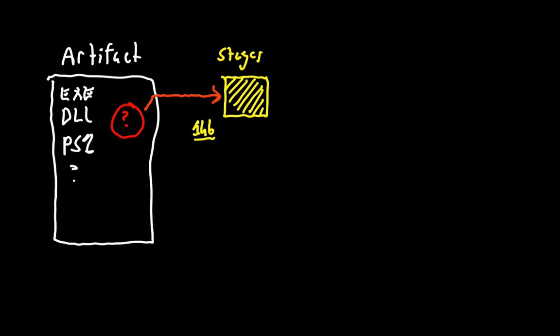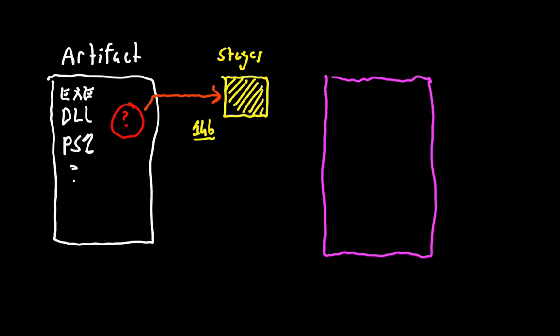And what a stager does is, in turn, reach out to the internet and download a payload stage. And this is the actual beacon DLL. So it downloads the payload stage and passes execution to it at position 0.